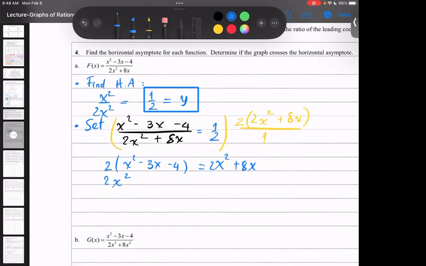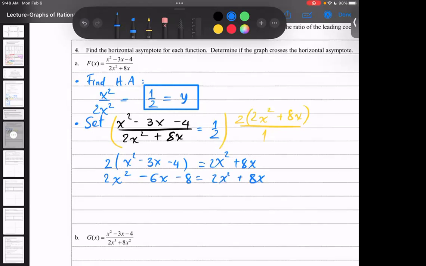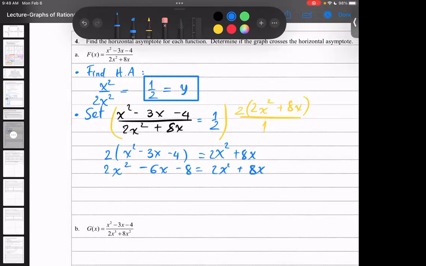Let me expand the left hand side. If I subtract both sides by 2x squared, so cancel. Maybe I'll do it slowly. Cancel.